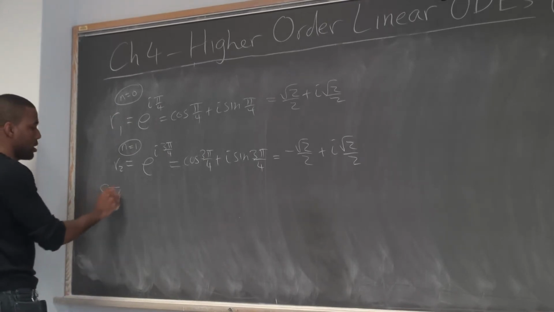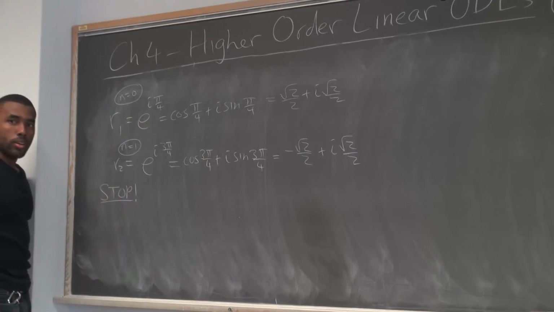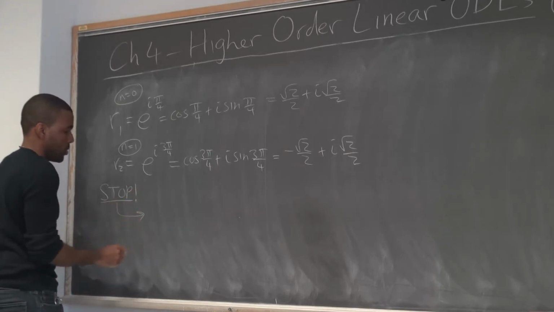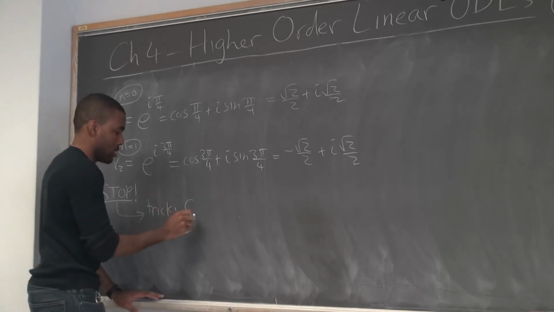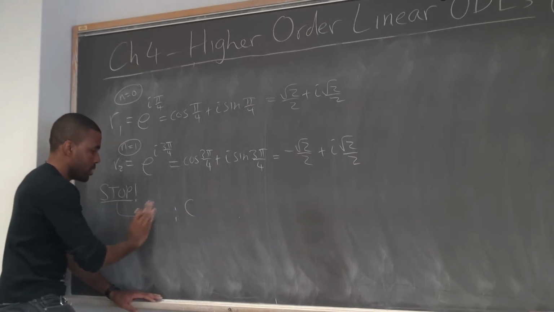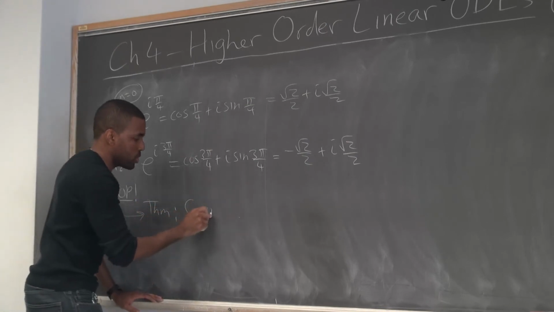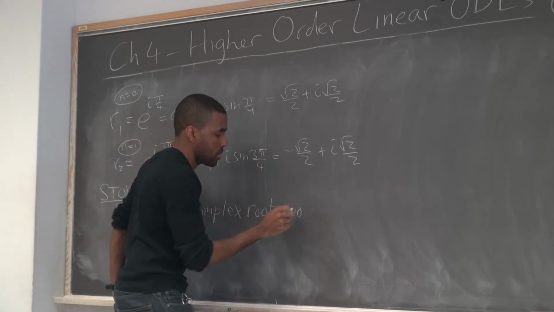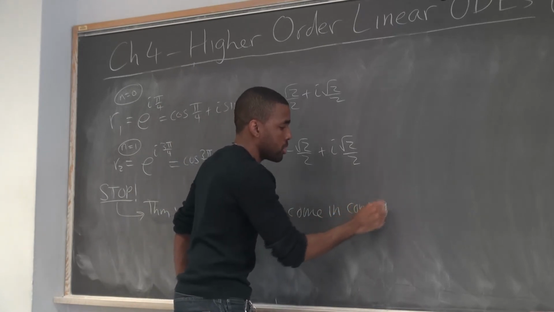Now, here's a trick. You can actually stop here, because at this point you already know what the other two solutions are. Well, it's sort of a theorem. I'm not going to prove it, I can just tell you. Complex roots always come in conjugate pairs.